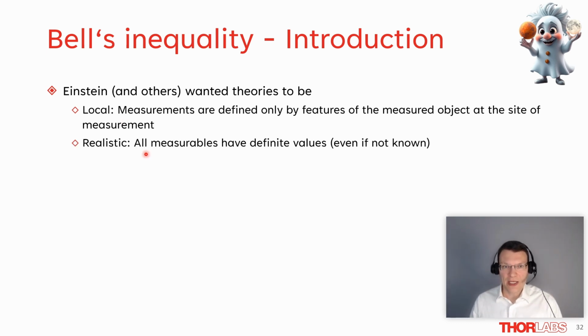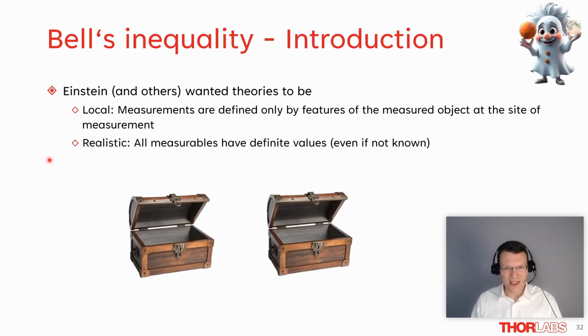Also, they felt like the physical theory has to be realistic, meaning that all measurables have to have definite values at all times, even if I may not know them. And just to give you a better feeling of what that means in contrast to an entangled state, picture two boxes.